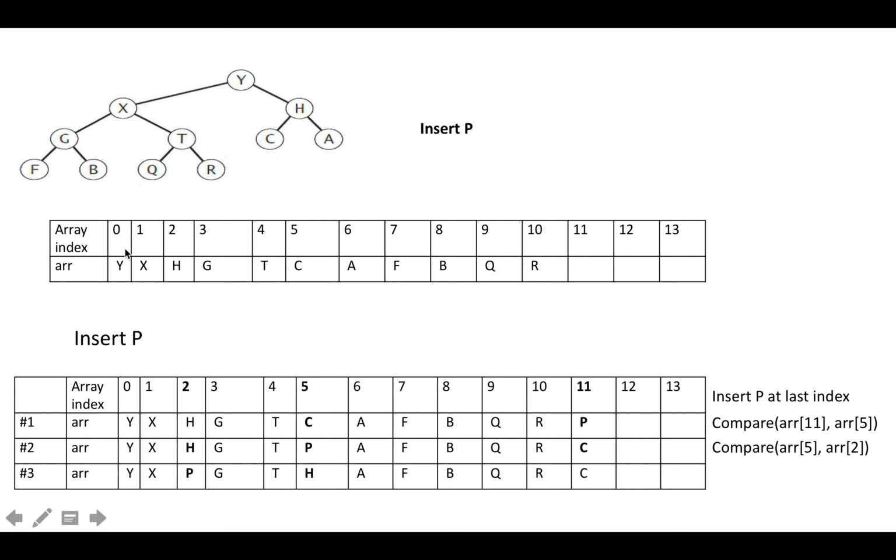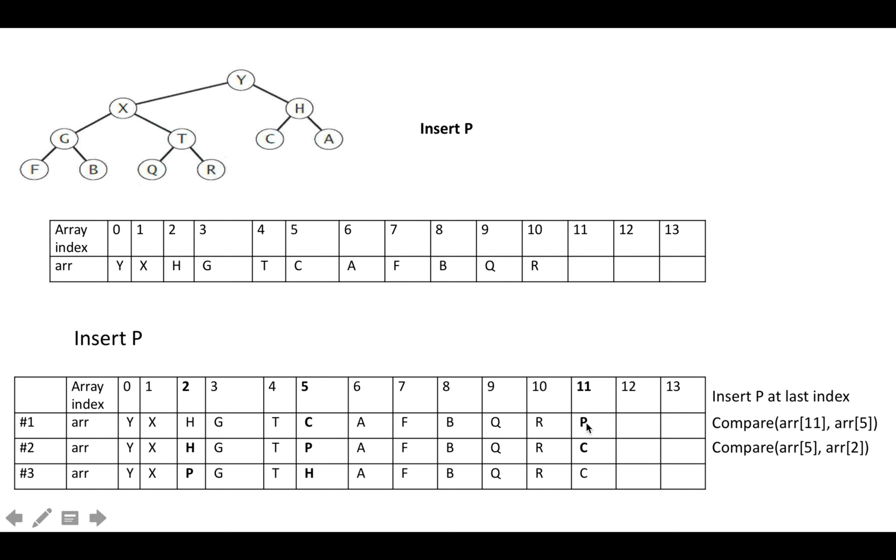So here I've listed the indices, 0 to 10, and there are some empty spots where new elements could go, and the array values are listed here. So let's see, when we do enqueue P or insert P, then P has to go in the last index, right? So last index from 10 it goes to 11, and we put P here.